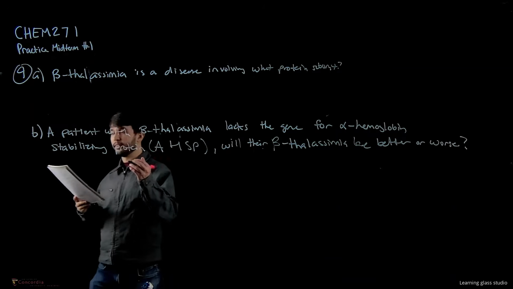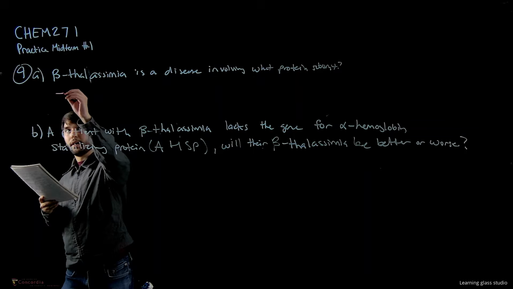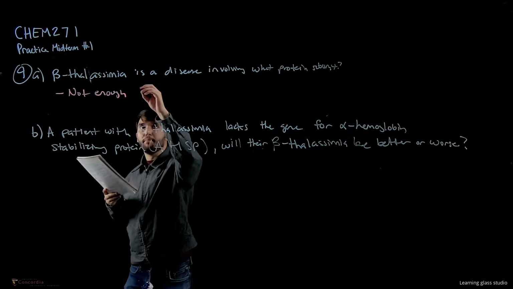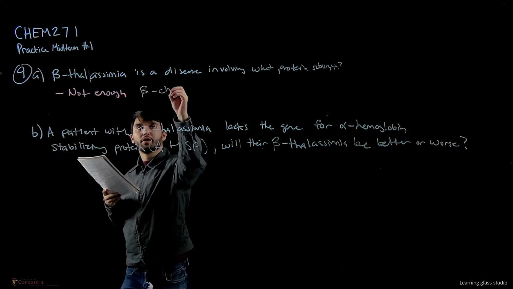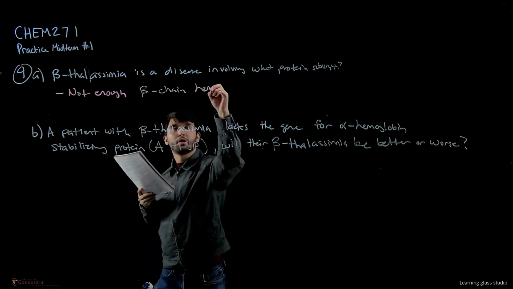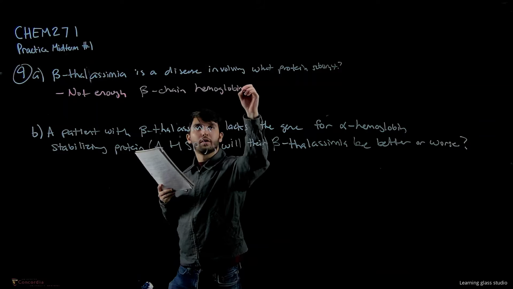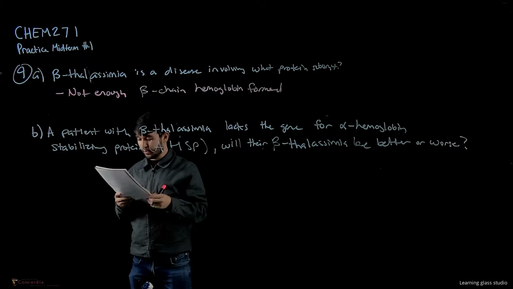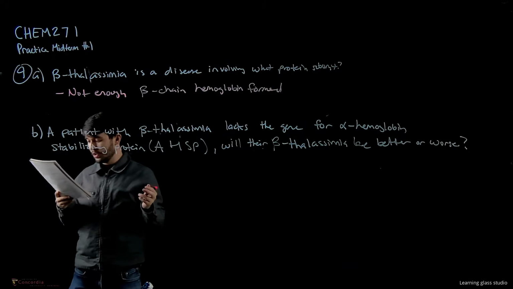So this is a disease of hemoglobin where there is not enough beta chain hemoglobin formed. So there isn't enough of the beta chain formed, so that means that there's too much alpha chain.